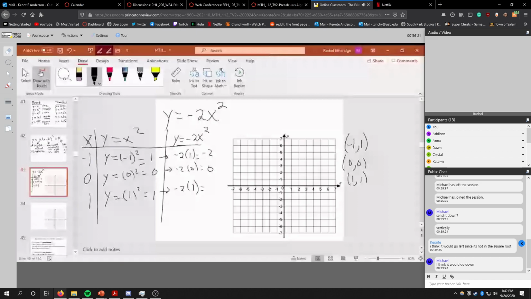So the new points are going to be -1, -2, still 0, 0, and then 1, -2. Parent, transformed. I'm just going to call it transformed.